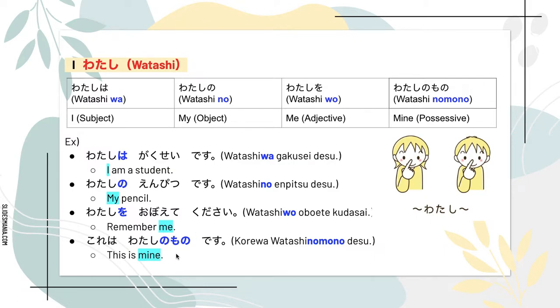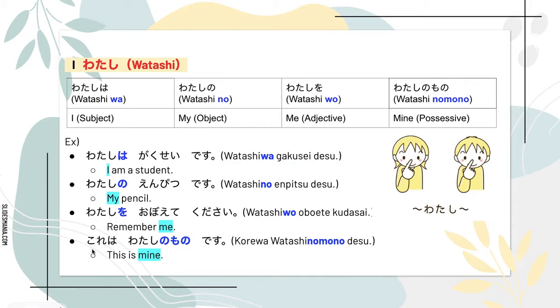The last example is for possessive. The example is this is mine. Mine in Japanese was 私のもの.